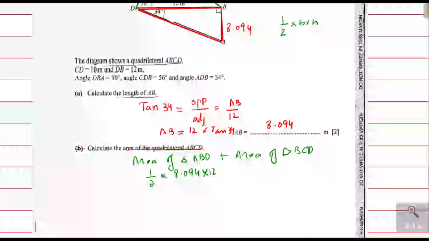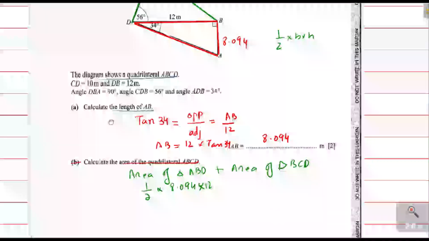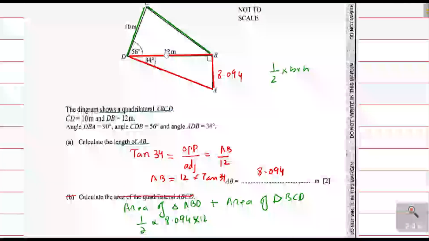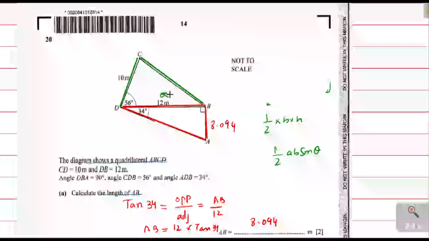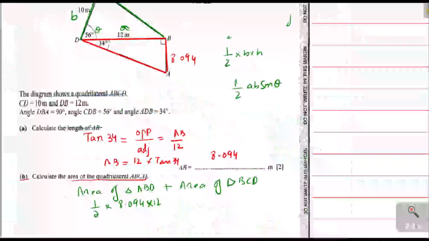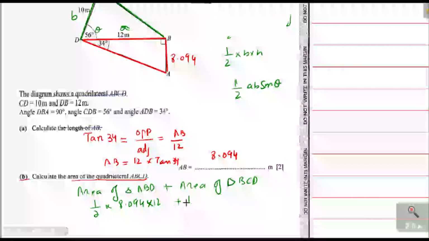The BCD area will be equal to 1 over 2 product of the adjacent sides and sine of angle between them. 1 over 2 ab sine theta. Here we name this length a, this length is b, this angle is theta. Therefore, we can write 1 over 2 ab sine theta.